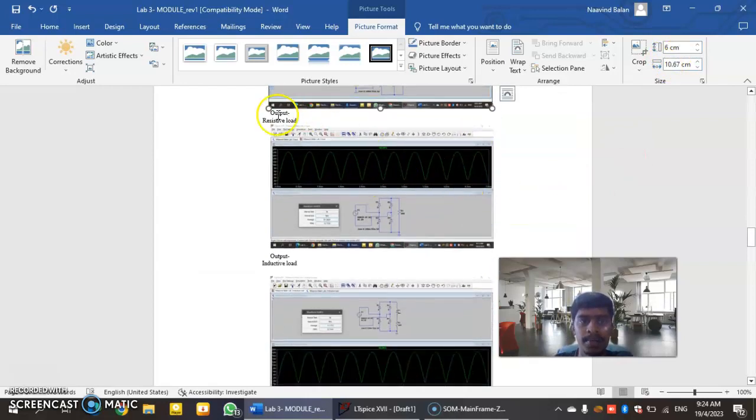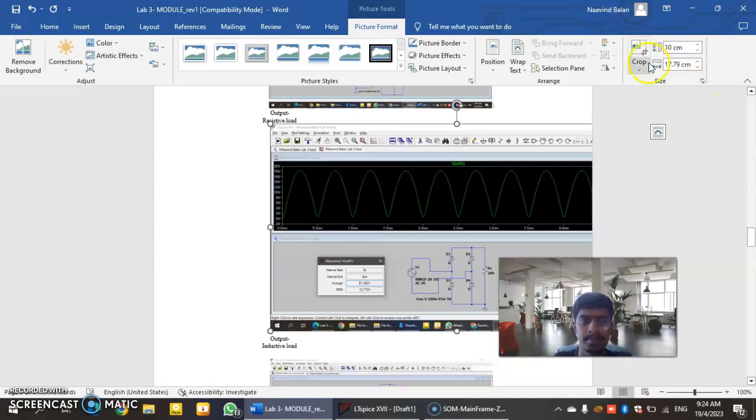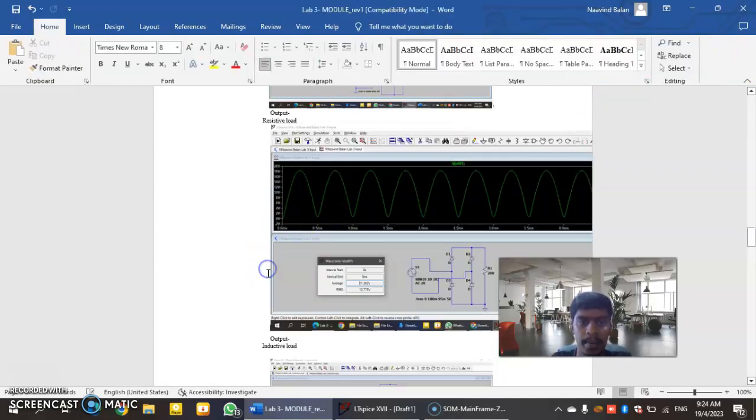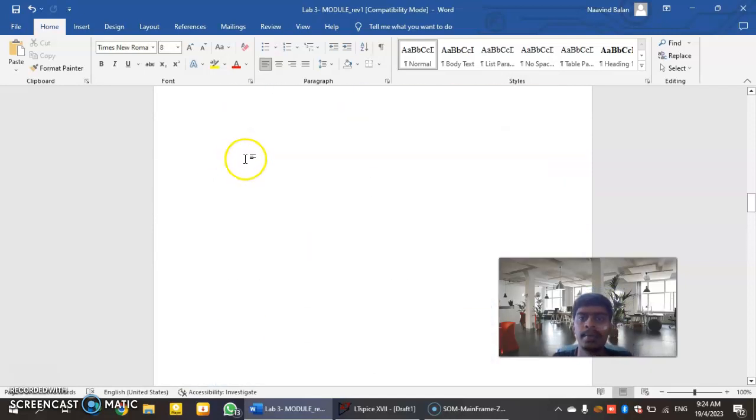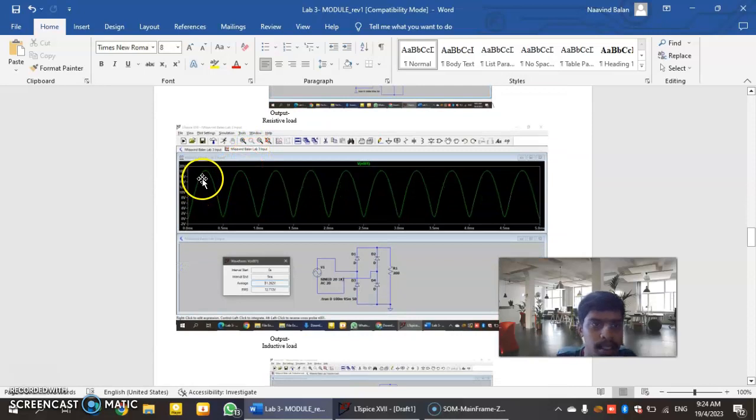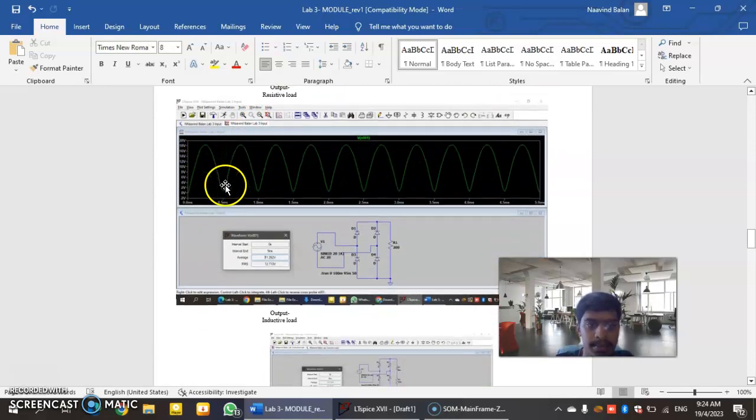For the output for the resistive load, I get it like this. The value goes from 0 to 18.26, so the average is 11 point something.